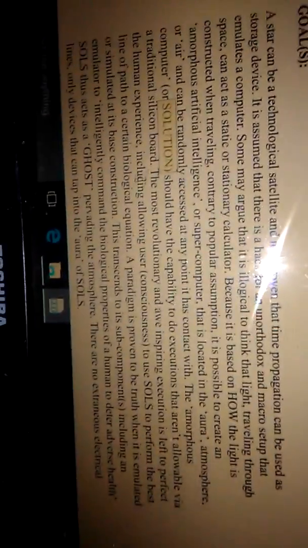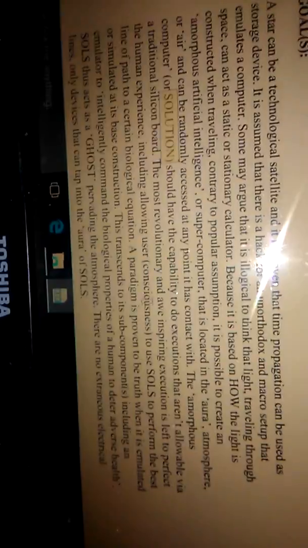The amorphous computer or solution should have the capability to do executions that aren't allowable via a traditional silicon board. The most revolutionary and awe-inspiring execution is left to perfect the human experience, including allowing a user consciousness to use souls to perform the best line of path to a certain biological equation. A paradigm is proven to be truth when it is emulated or simulated at its base construction.